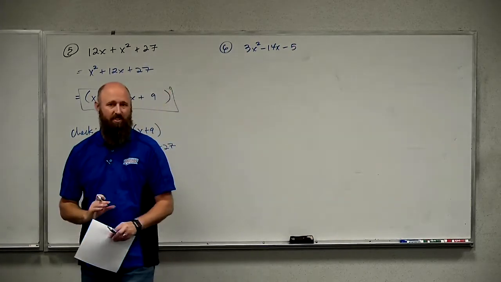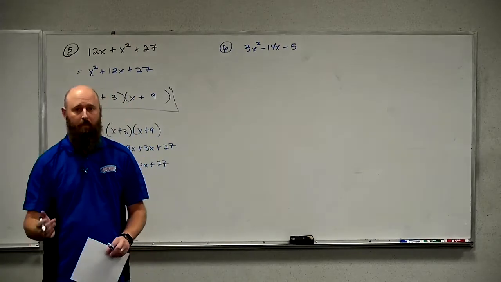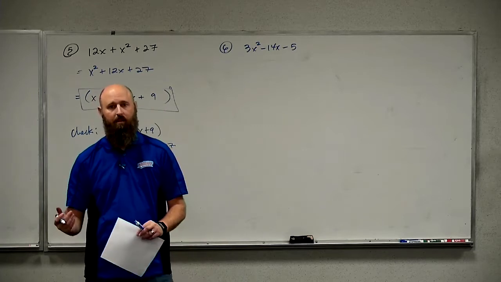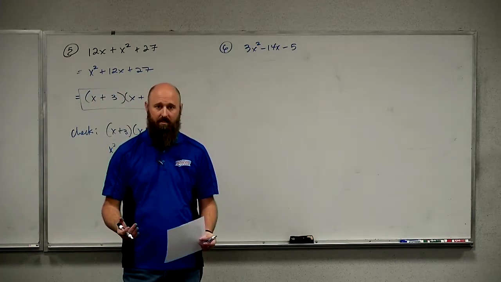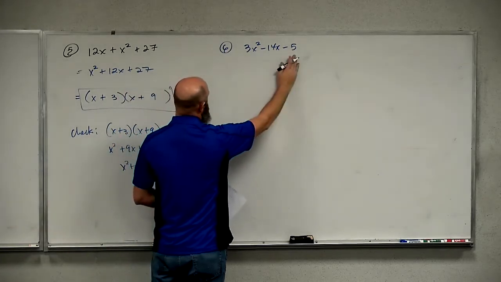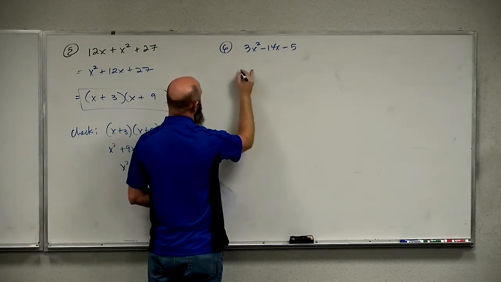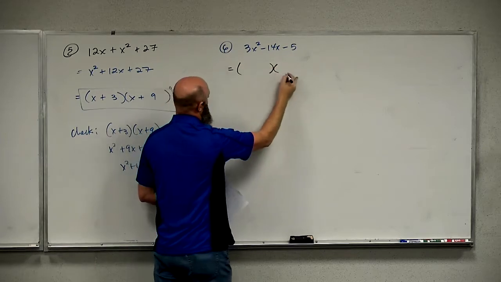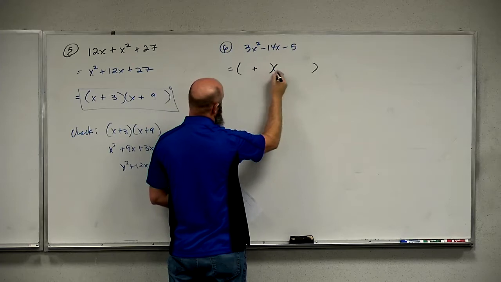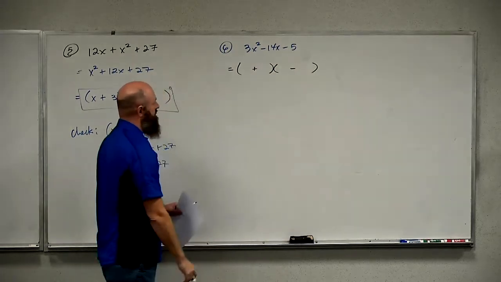Well, our process is going to remain the same. We start by looking for the greatest common factor, then we move on to creating the parentheses and breaking down the signs for those. So I look for a greatest common factor. There's not one here. And so write down my parentheses. This is minus 5, so it tells me one's plus and one's minus.